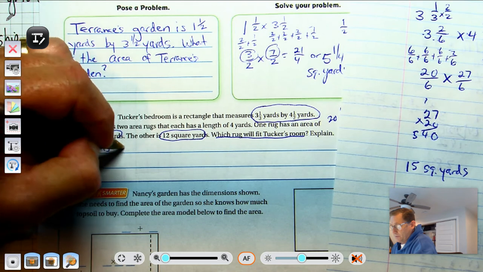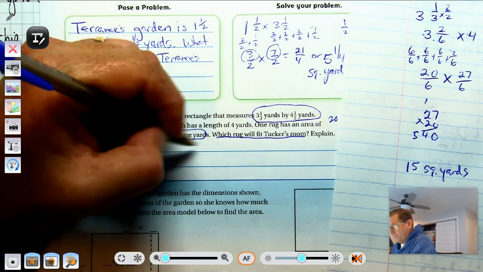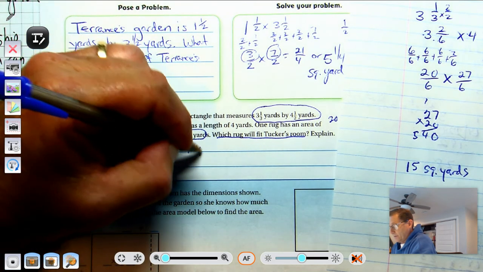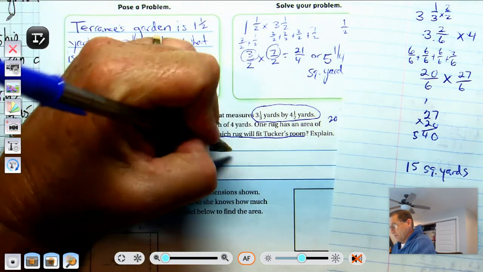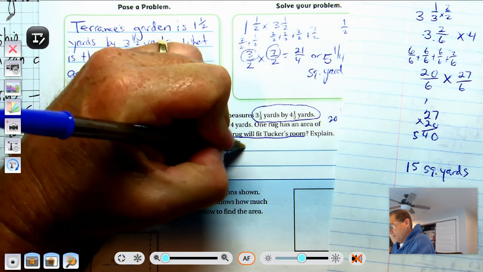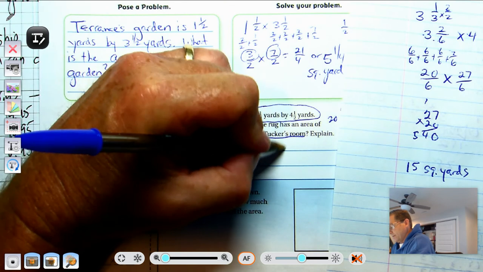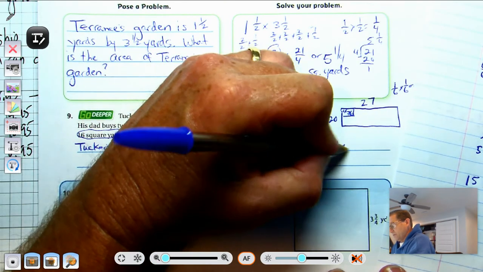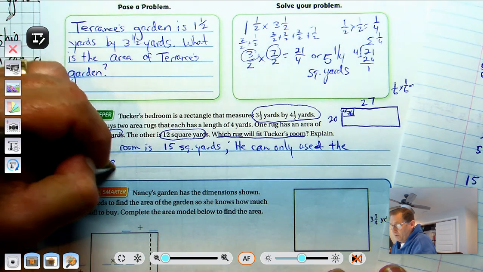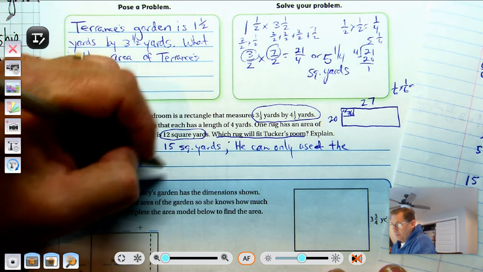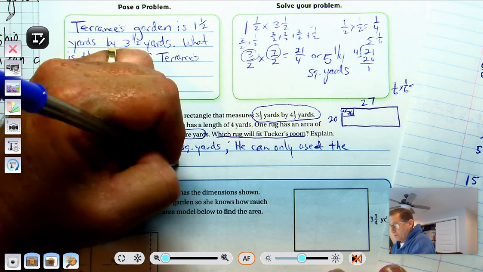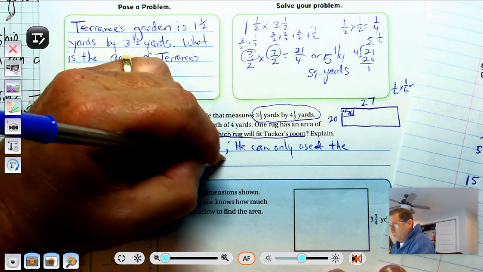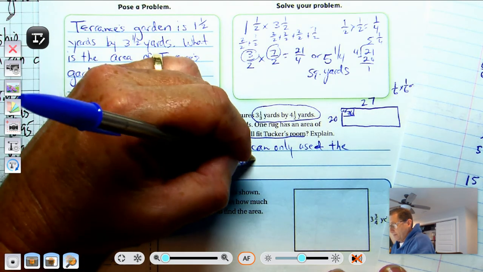Tucker's room is 15 square yards. He can only use the 12 square yard rug. The 16 square yard rug is too big.